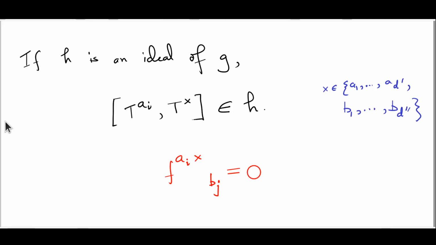So what we are going to have is that f_{ai x}^{bj} has to be 0. And this is what characterizes an ideal in terms of structure constants.